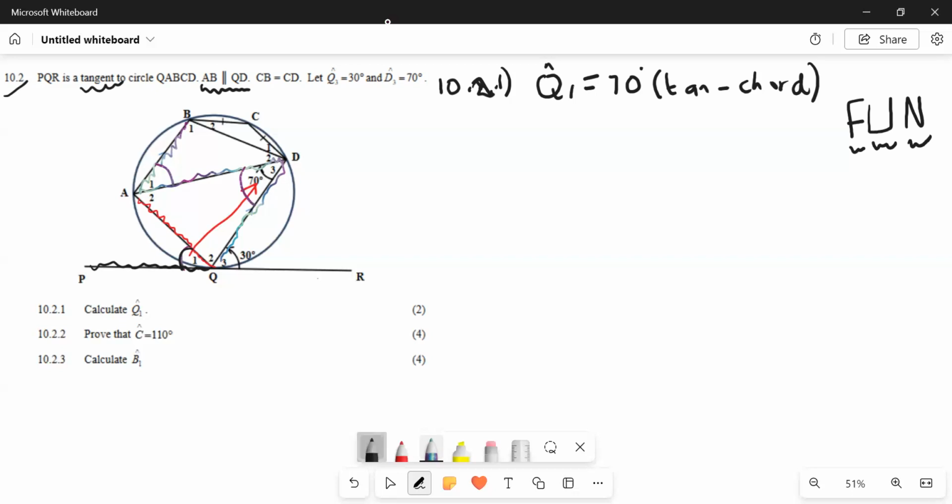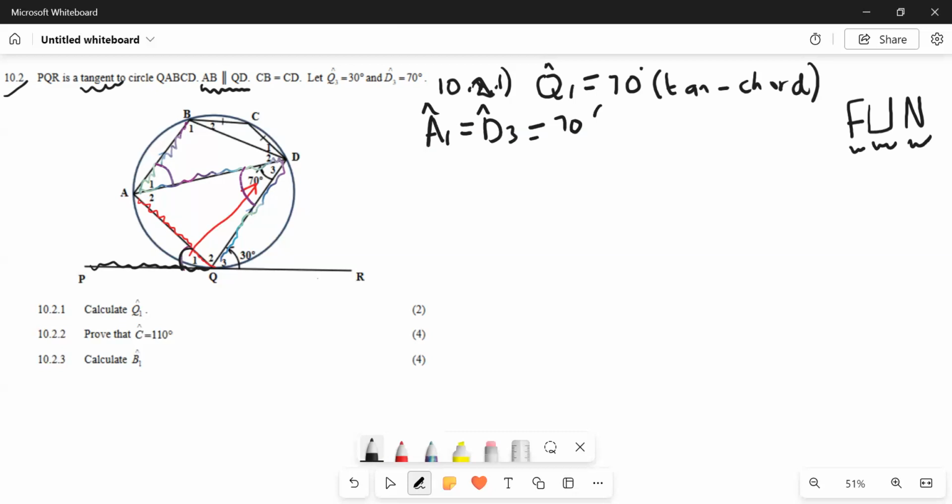That's good. So we can now say A1 is equal to D3, which is equal to 70, right?